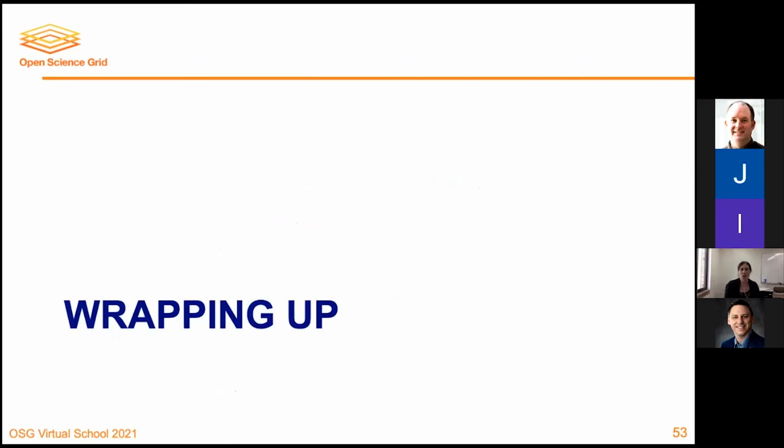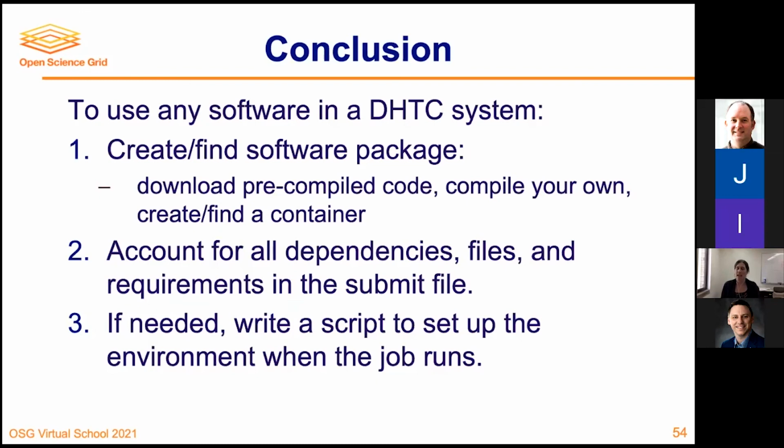Okay, so to pull all those pieces together, again, our goal is to run lots of jobs in lots of places. So to use software in a system that's distributed, that we don't own, and to use as much of it as possible, we want to make our software portable. How do we do that?